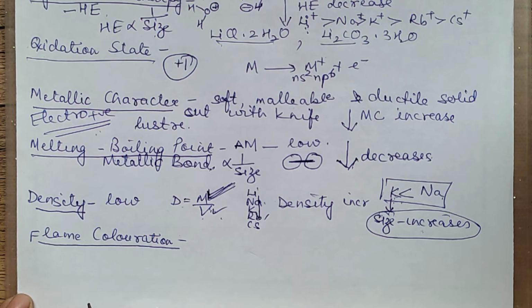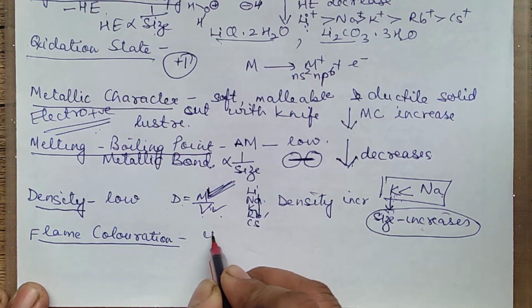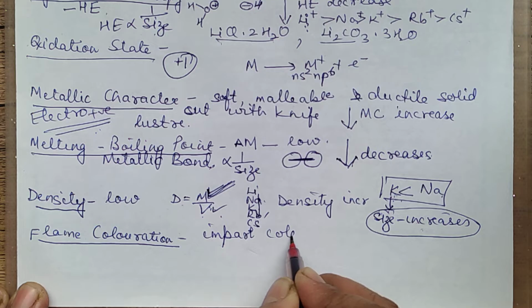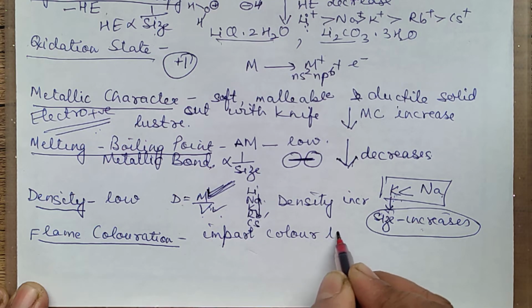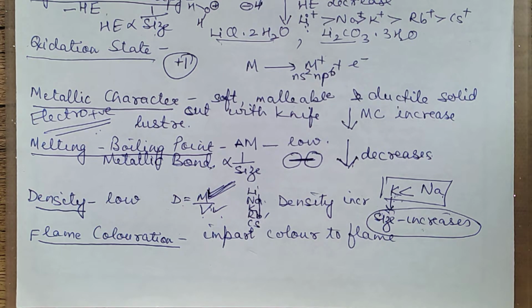Now, one very important property of the alkali, in fact s block elements, but since we are only talking about group 1 as of now, we will say that they all impart color to the flame. Now, why do they impart color and how we perform that? I'll explain.